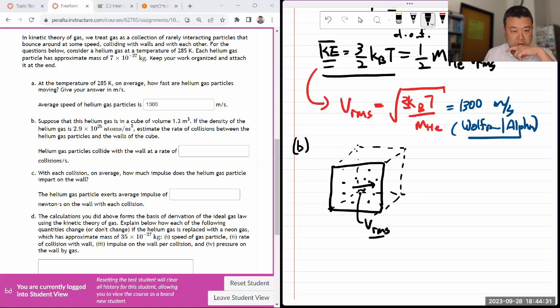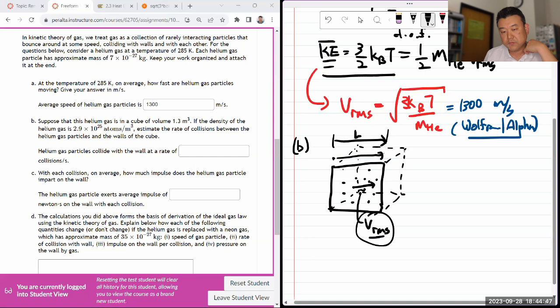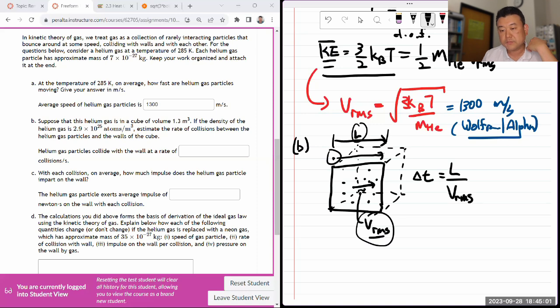I can think of an example helium particle going from one end to the other end, traveling some distance L. I have some idea of its speed and its distance, so the time between collisions for this one particle is going to be that distance divided by VRMS.